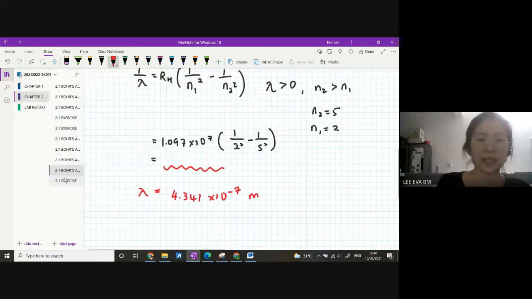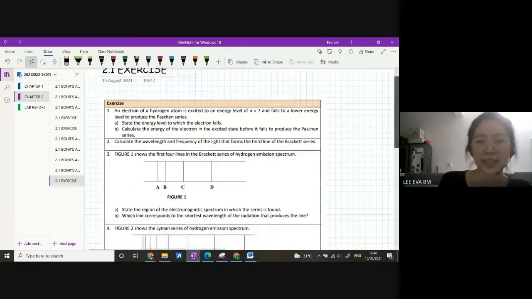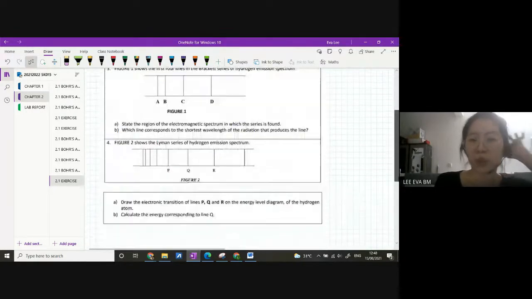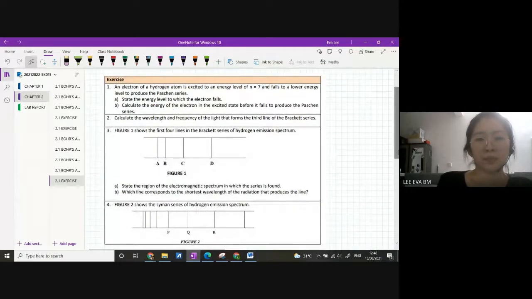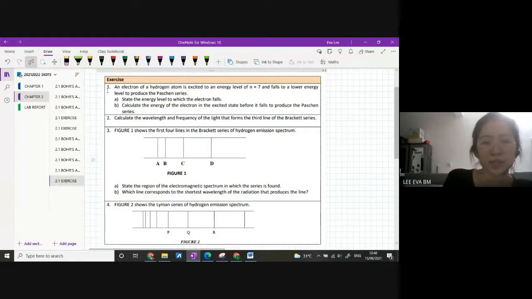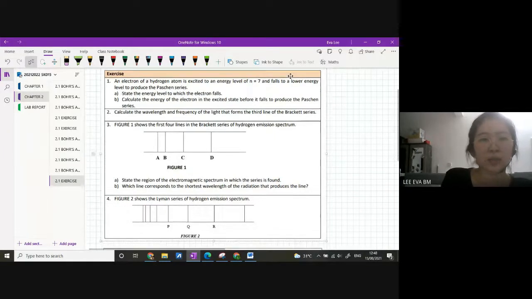Okay, almost there. Our exercise here has 4 questions. I want you to try all of them, question 1 until question 4. There will be some presentations on Tuesday. I will check the name list first and update in your practicum, to see whether it's a group presentation or an individual presentation.